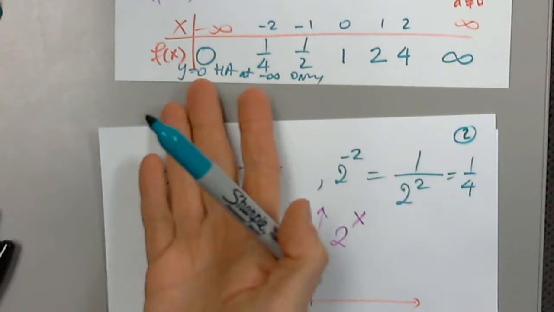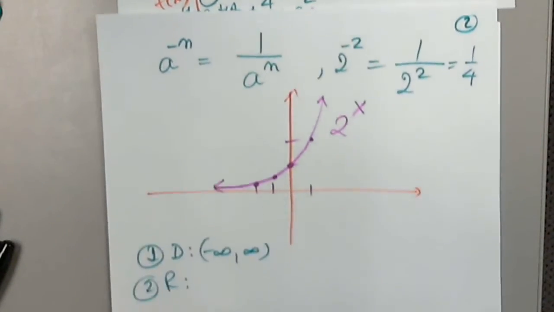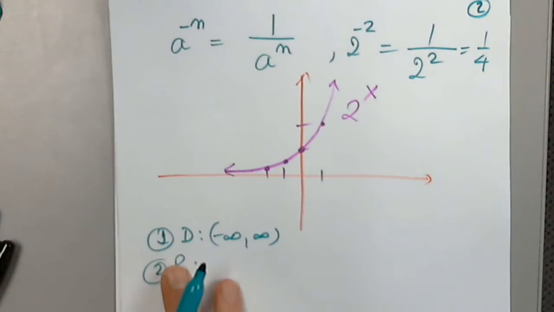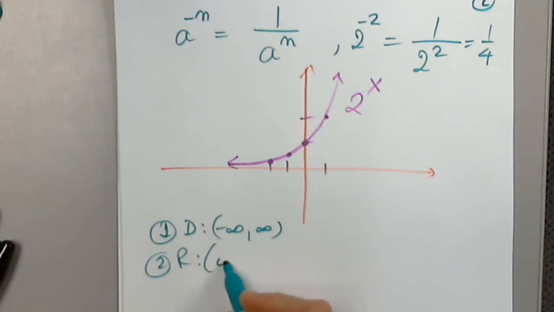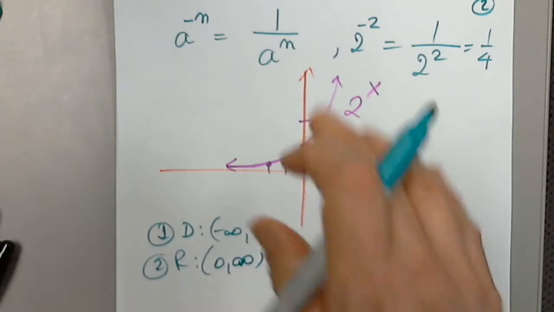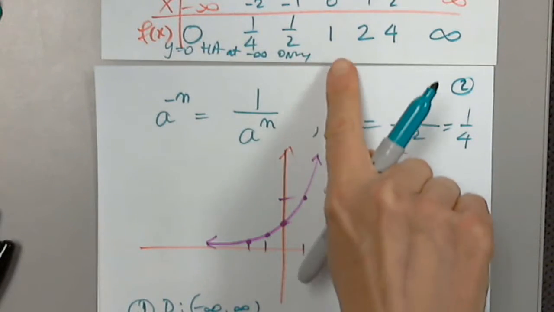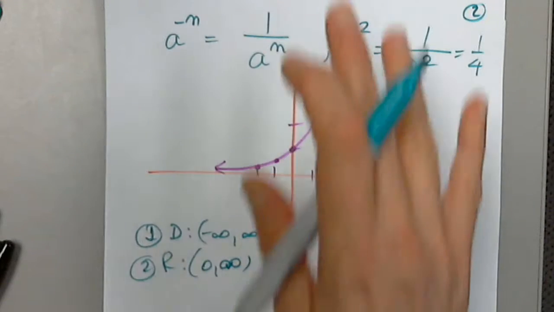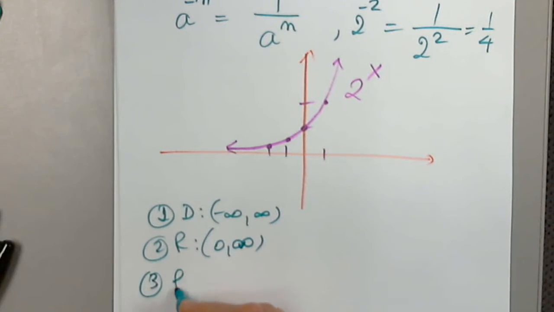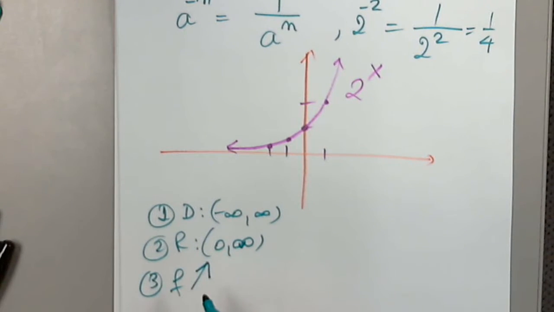That's where the range should be, and you can determine it from the graph. So tell me from the graph. 0 to infinity, right? Look, it doesn't stop. It goes on forever. I have an arrow here. So 0 to infinity. Is this function increasing? All the time.